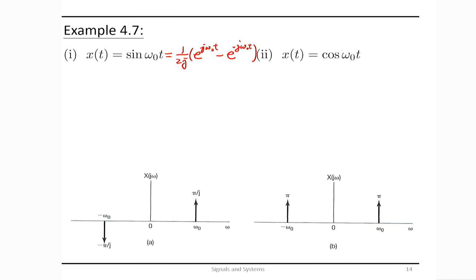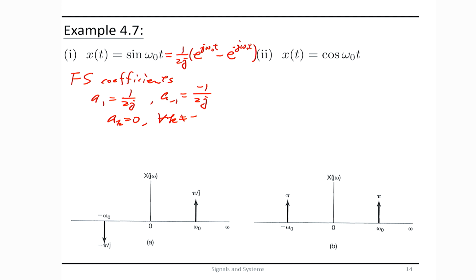So we know the Fourier series coefficients are A1 equal to 1 over 2j and A minus 1, that is minus 1 over 2j, and AK equal to 0 for all k not equal to plus minus 1.